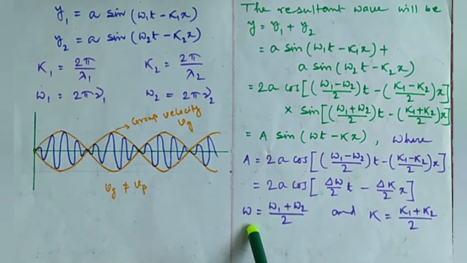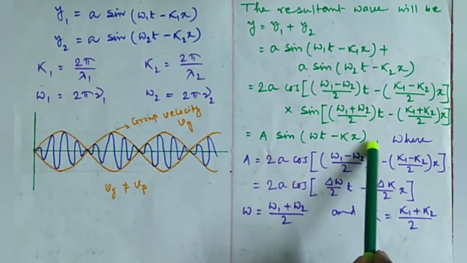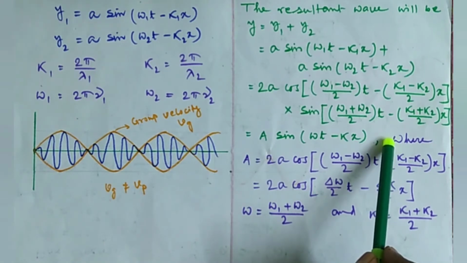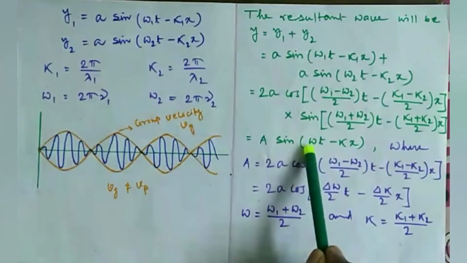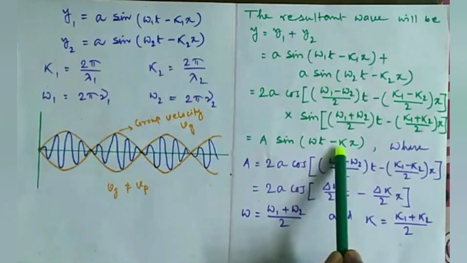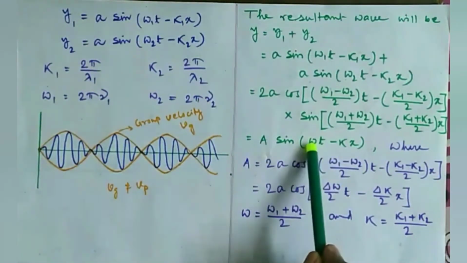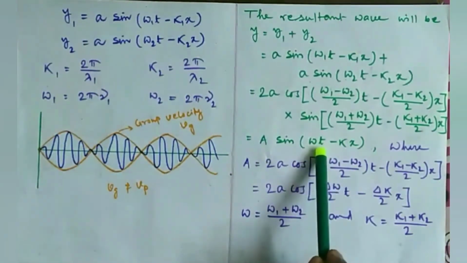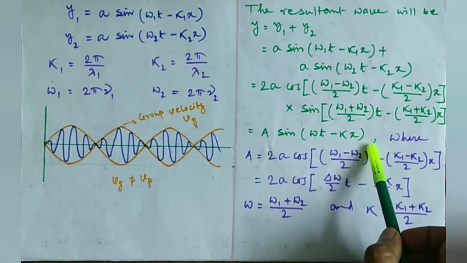We also assume that omega equal to (omega 1 plus omega 2) by 2 and k equal to (k1 plus k2) by 2, and this expression is also the expression of the wave packet. In this wave equation, this is the phase angle of the resultant wave and it is a constant of motion. So from this expression we may easily calculate the phase velocity of the resultant wave as we have done in the previous case.